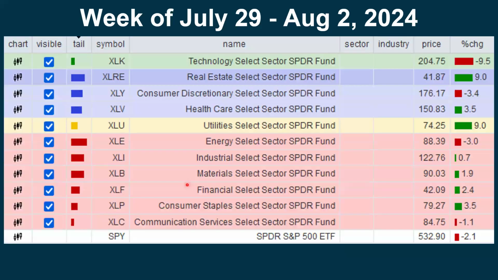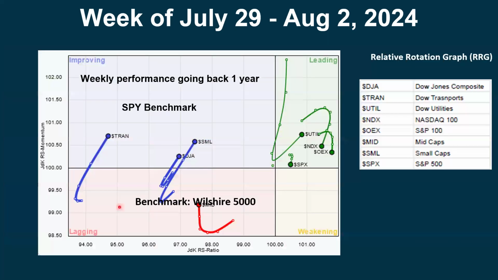And then this is just a chart showing how tech is still doing the best. And then real estate's been showing some improvement, discretionary, healthcare, utilities are more or less in the middle right now, but showing some improvement. And then all of the other sectors are negative still. Then we break it out looking at the major market indexes, because we're just kind of, this is like bumper cars.